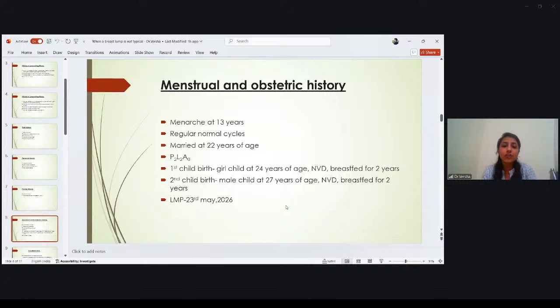She had her first childbirth at the age of 24 years, a girl child by normal vaginal delivery, breastfed for 2 years. The second child was at the age of 27 years, a male child by normal vaginal delivery, breastfed for 2 years. Her last menstrual period was on 23rd May 2026.